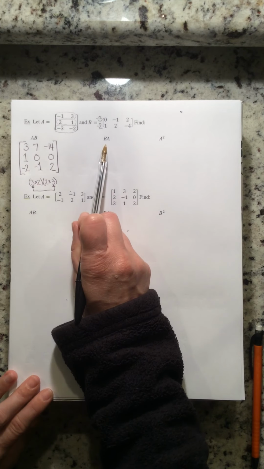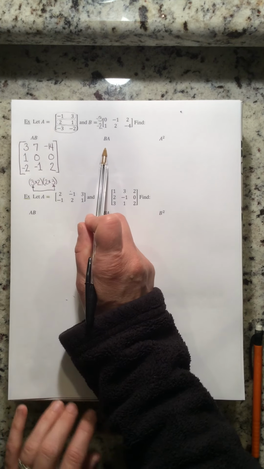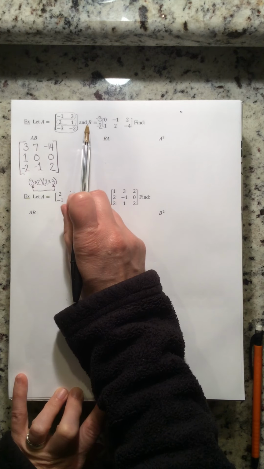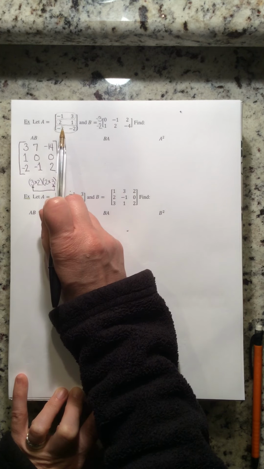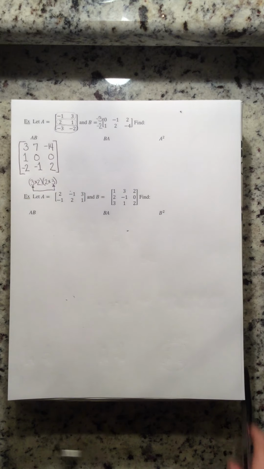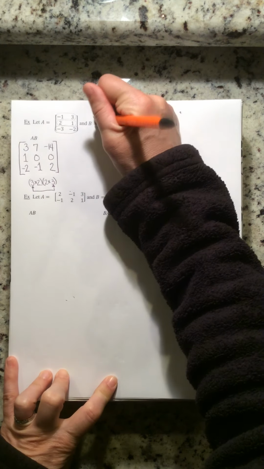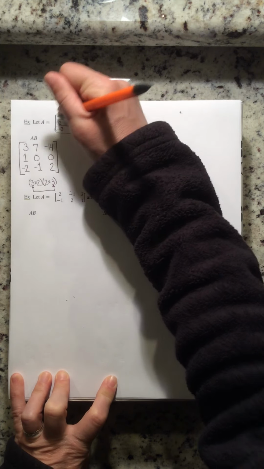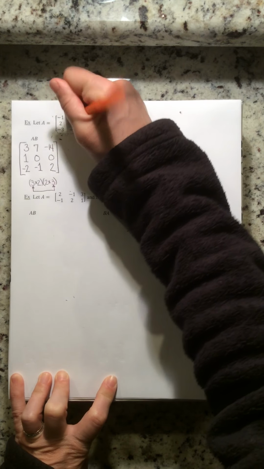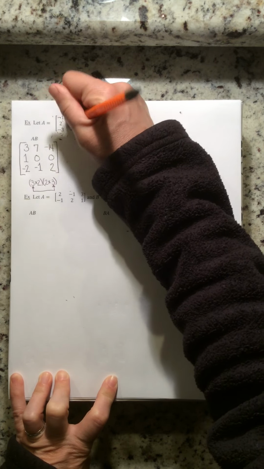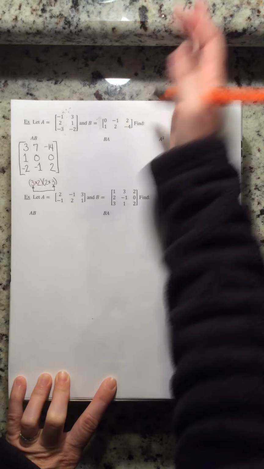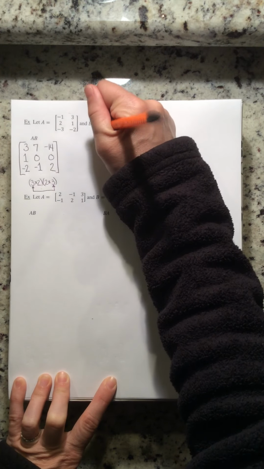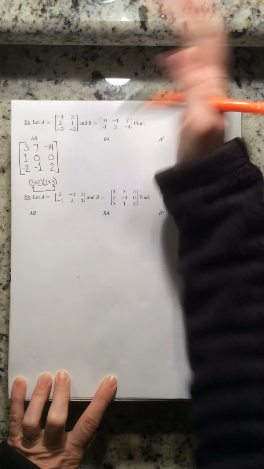When we think about matrix BA, we're going to be now using B as our first matrix and A as our second matrix. So now we're going to be doing the rows of B times the columns of A. So I'm going to go ahead and carefully erase what we've done there.